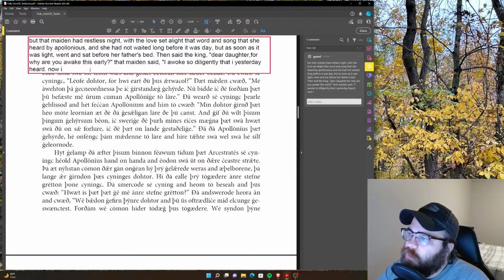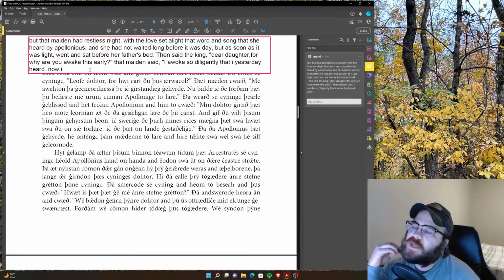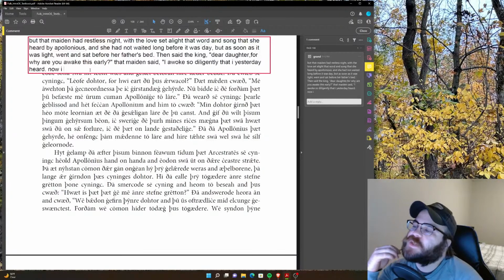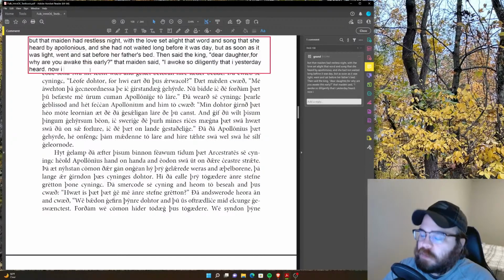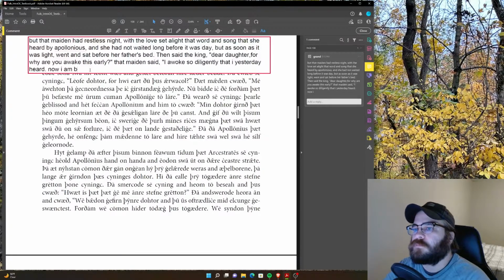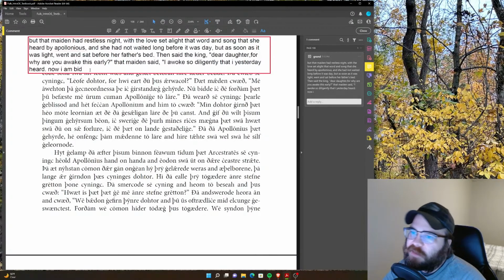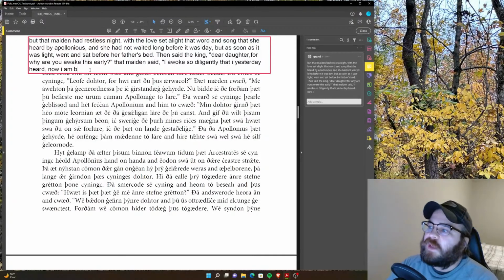Now I am bid. Maybe there isn't a progressive tense in Old English, so it could be now I am bid, or I am wishing, I'm desiring, I'm praying, I am bidding, waiting.